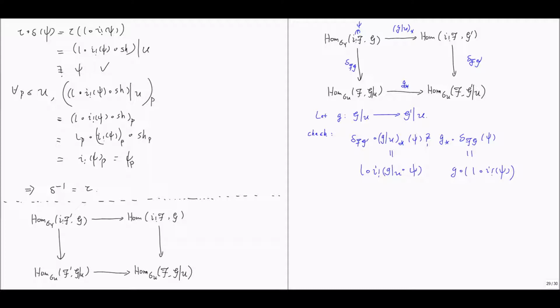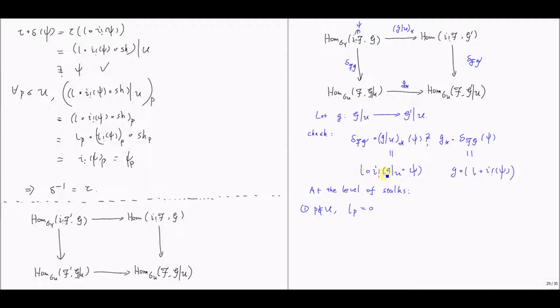To check that they are equal, check this equality at the level of stalks. First, if P is not in U, then iota sub P will be 0.